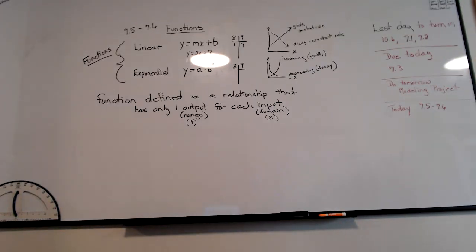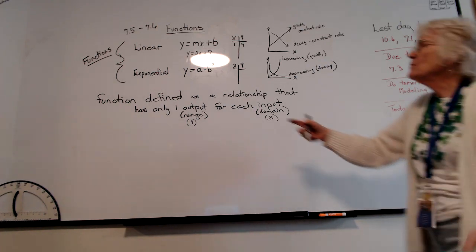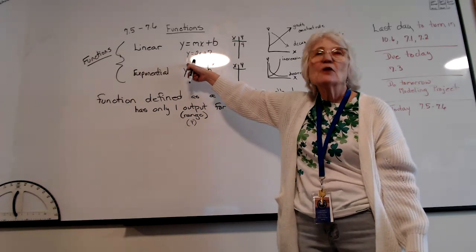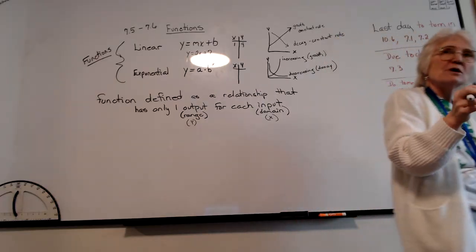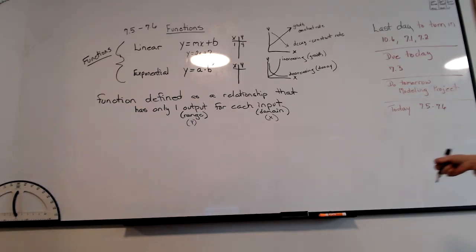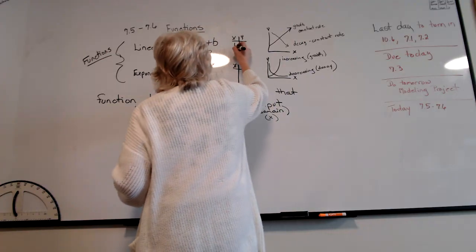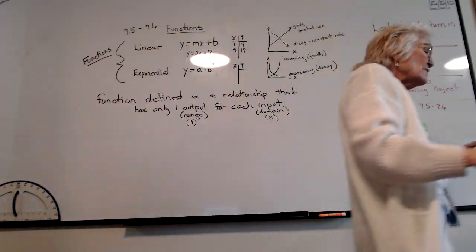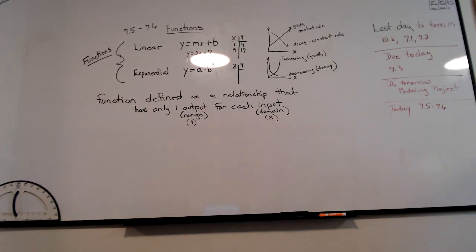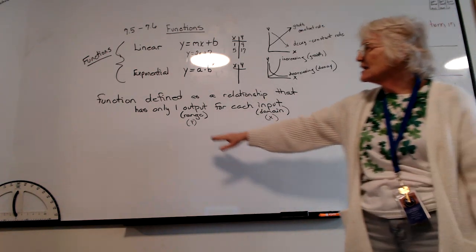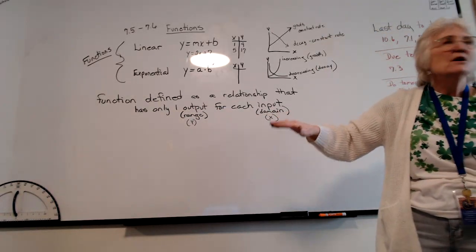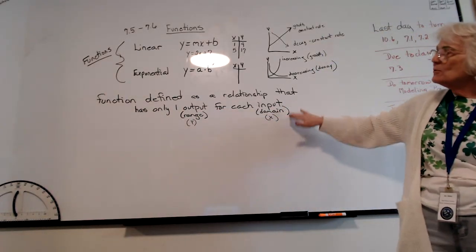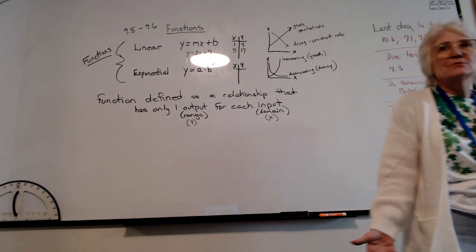Doesn't matter how I put 1 in there, if I put 1 into this, my output will be 9. Notice I get only one number. Okay. If I put in 5, I get 17. I don't get 22, I don't get 1,000, I don't get -5, I get 17. There's only one answer. That's what it means that I only get one output, one value, when I put a number in as the input.